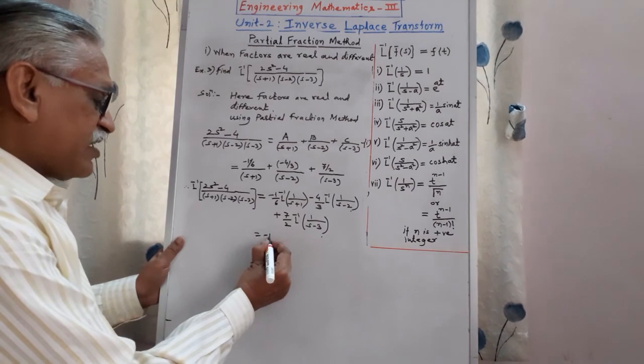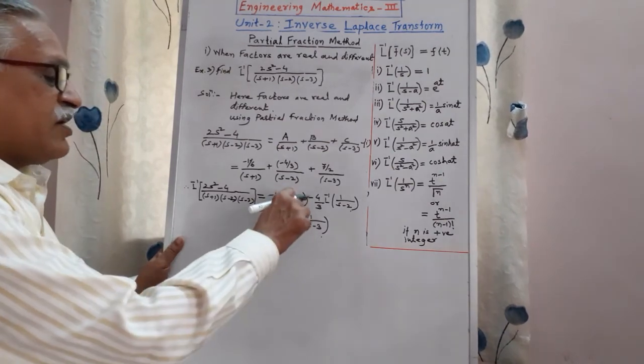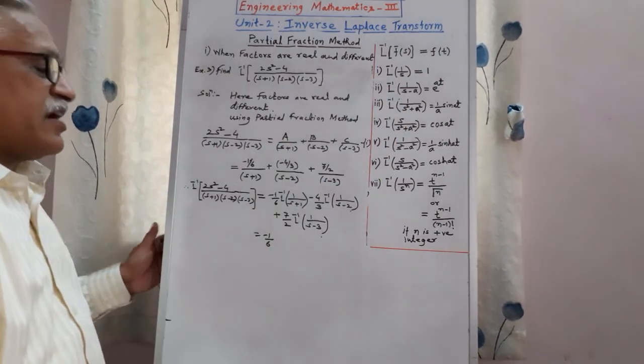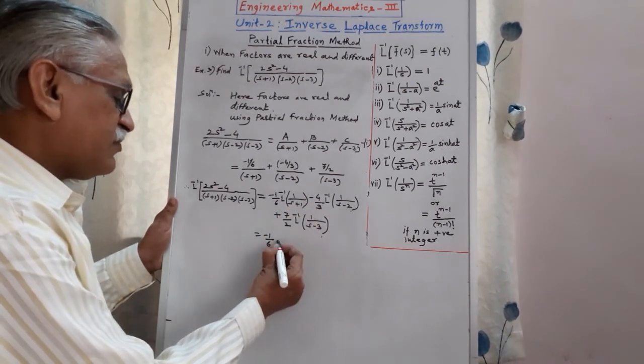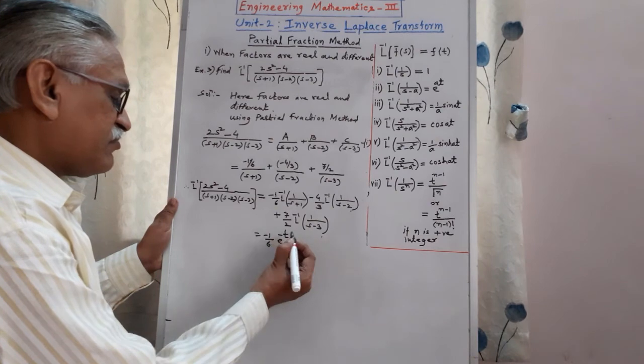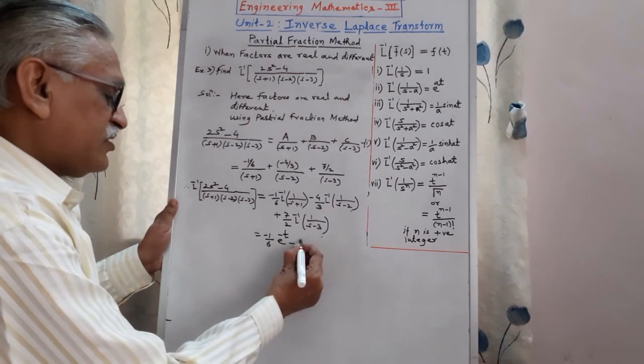minus 1 by 6 as it is, 1 upon s plus a, using the standard result, it is e raised to minus at, a is here 1, therefore e raised to minus t, minus 4 by 3.